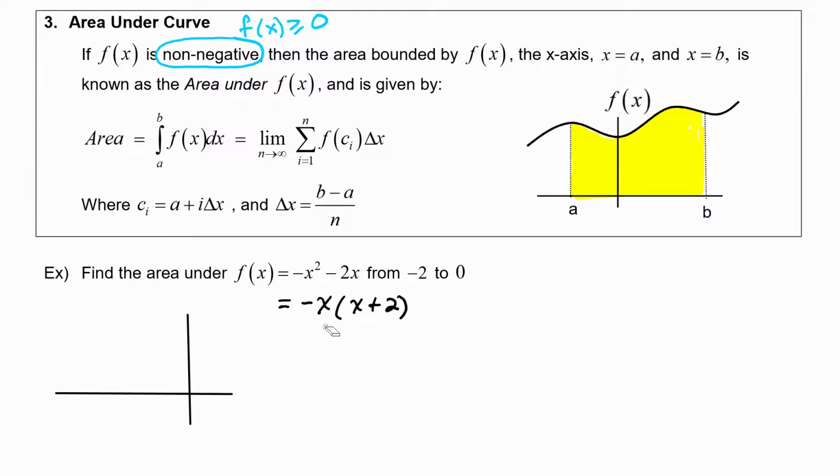We know the roots are at 0 and at negative 2, which means the vertex would be halfway between there at negative 1, whatever that highest point is. So then the area that we are finding here is this area.